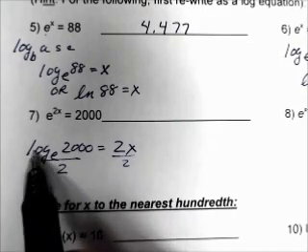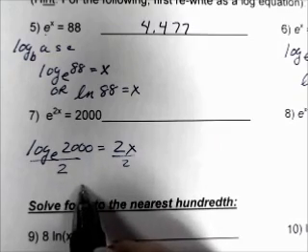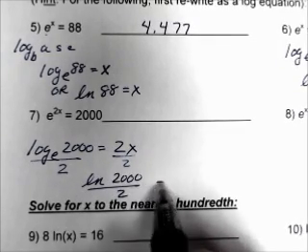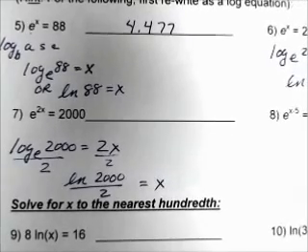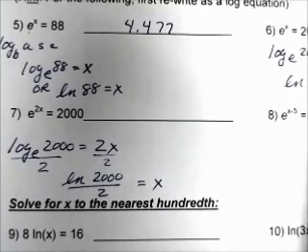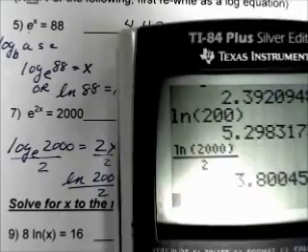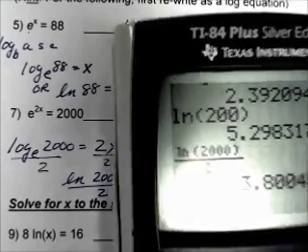And log base e is the same as ln, so we would key in ln of 2,000 divided by 2. 3.800.